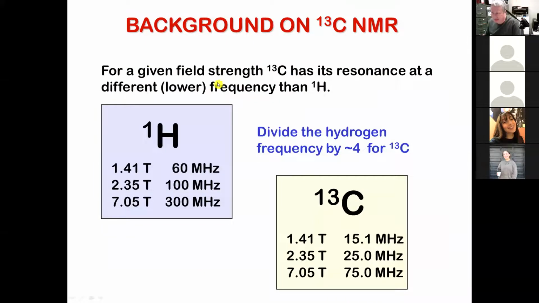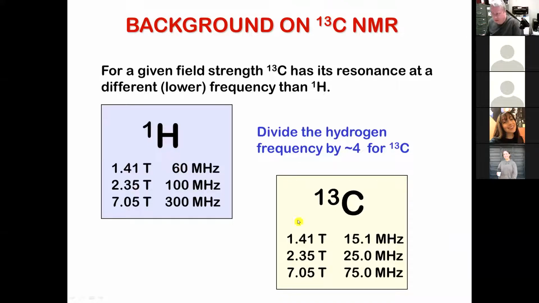We also talked about the field strength and how it relates to the strength of the magnet. So proton, if we look at different magnet sizes, 1.4 Teslas, 2.35 Teslas, 7 Teslas. On any NMR machine, you get a proton frequency, right?